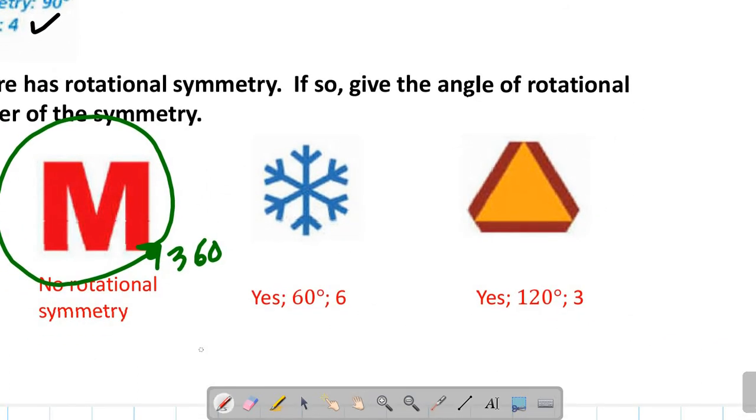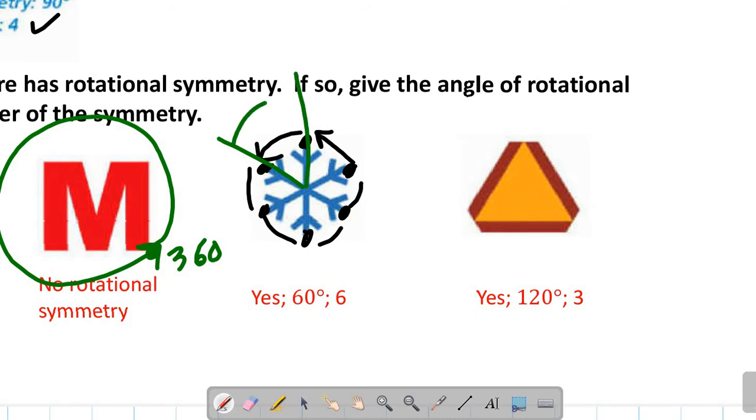This snowflake, if the points are evenly spaced, has rotational symmetry. If I rotate this way, I get the same image. And there's 6 of them: 1, 2, 3, 4, 5, 6. The order is 6. And of course, the angle of rotation is 360 divided by 6, and you get 60.